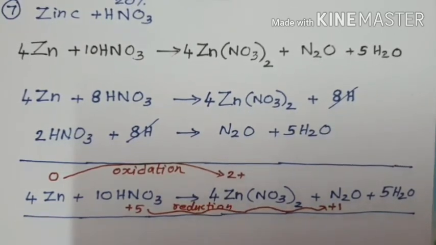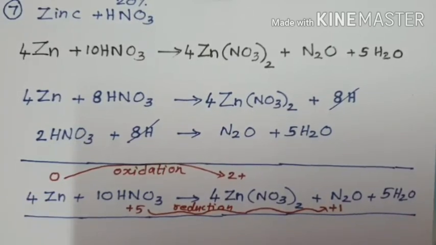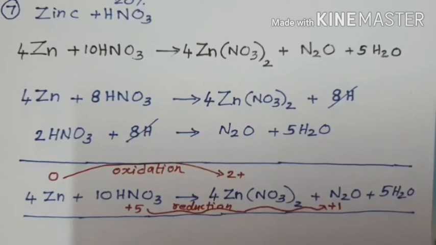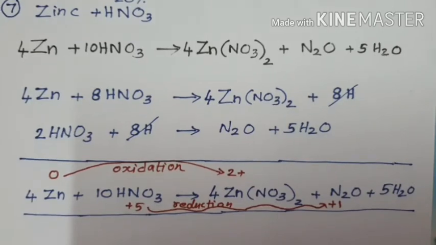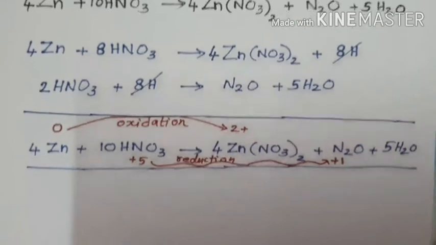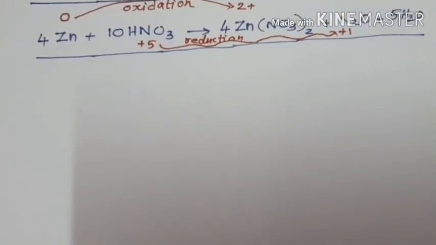Zinc is oxidized by nitric acid, which undergoes reduction. So this is the seventh method of preparation of nitrous oxide. Then like this, we are going to see the eighth method of preparation of nitrous oxide.